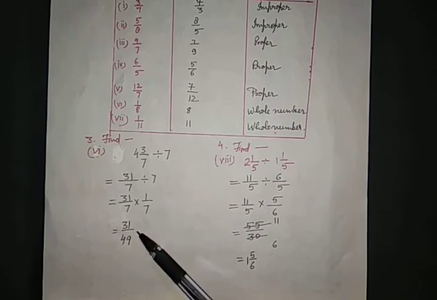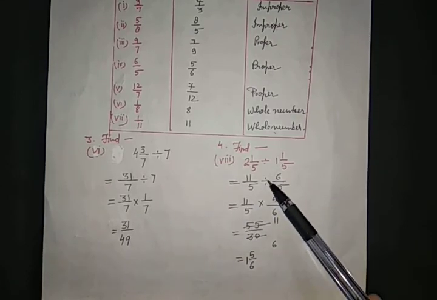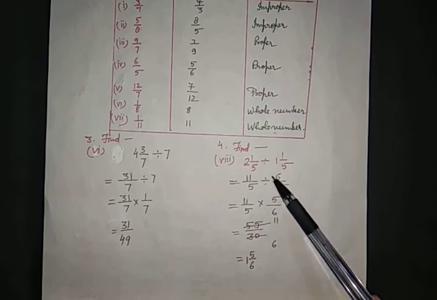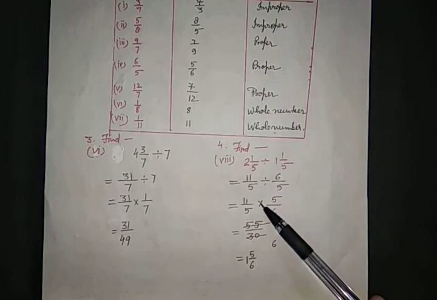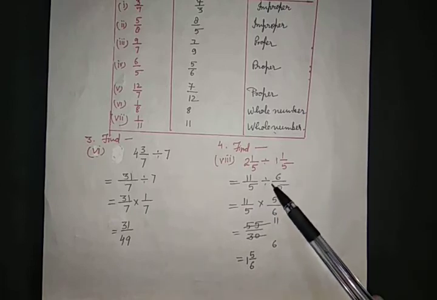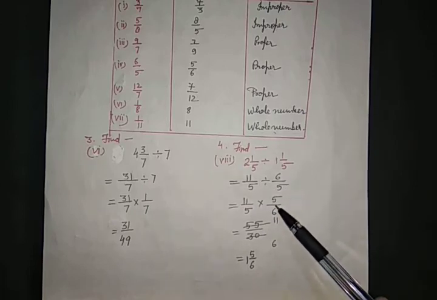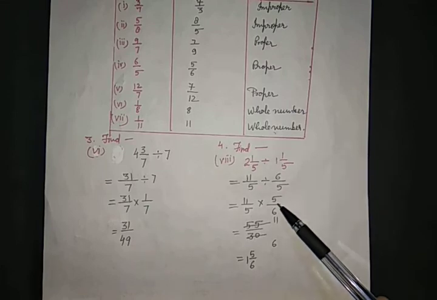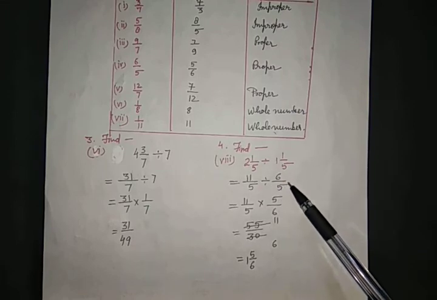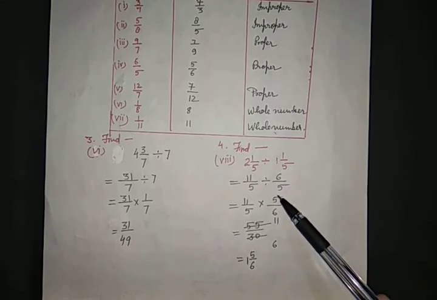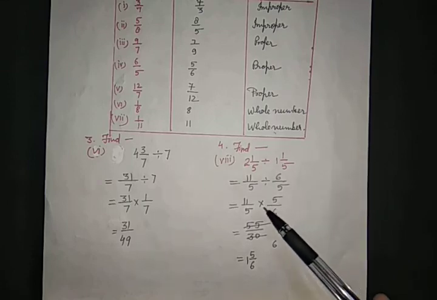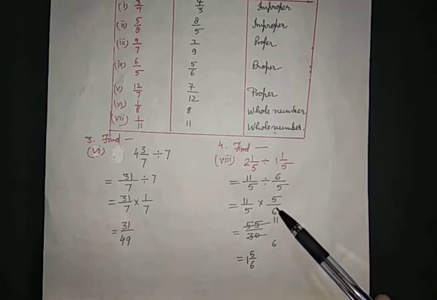Just like this question, here also, for this division sign we will put the sign of multiplication, and we will not write this 6 upon 5 here. What we have to write here is the reciprocal of 6 upon 5, which is 5 upon 6, with this multiplication sign.